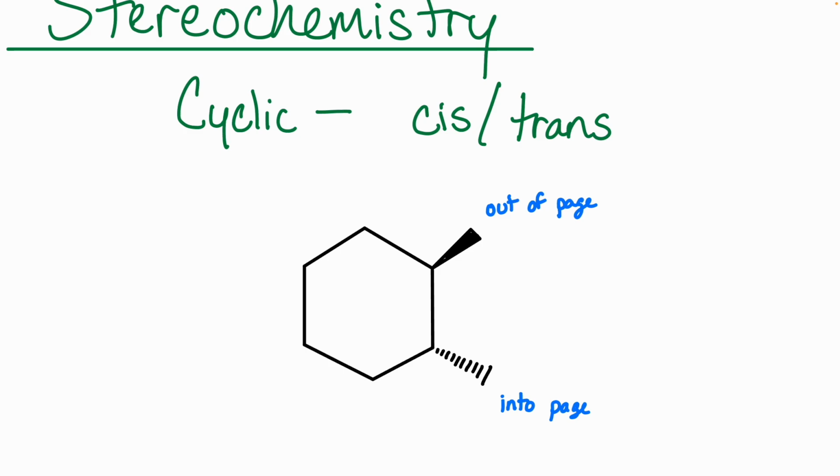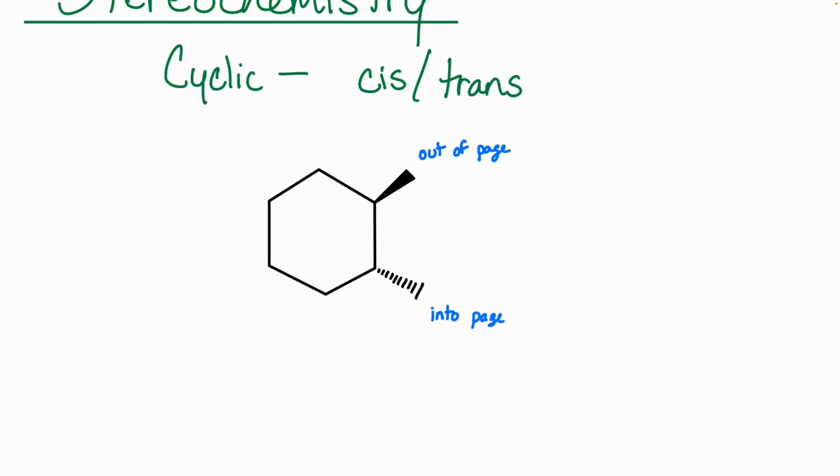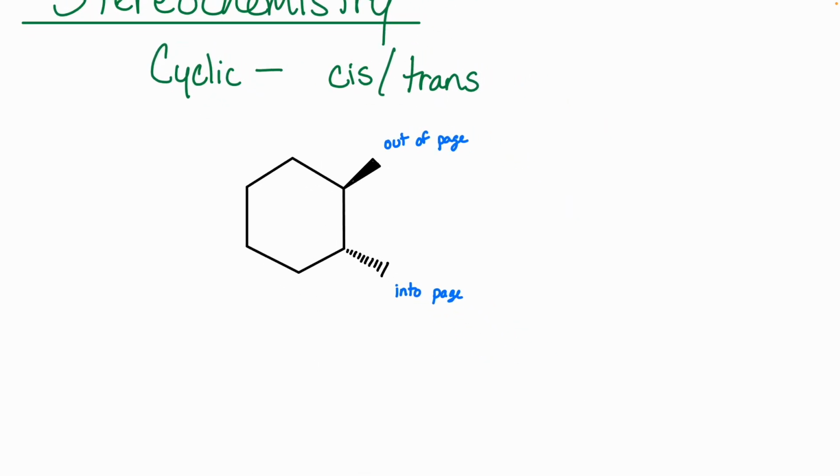So one's pointing out at you, the other's pointing away from you, into the board here. If these two bonds are pointed in opposite directions, that would be the trans stereochemistry. If they were both pointed in the same direction, either both wedges or both dashes, that would be considered the cis stereochemistry.